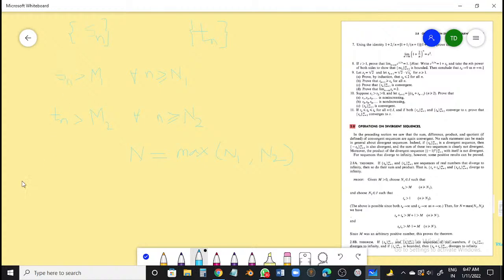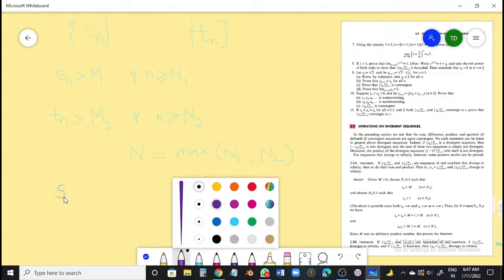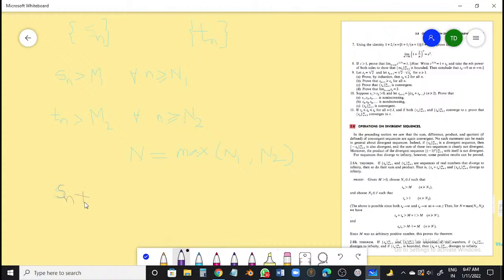So if you add Sn plus Tn, what will happen? This will certainly be greater than M1 plus M2. What we want is that the terms should be larger than a fixed number. We cannot control it, and this is true for all n's which are greater than or equal to the maximum of N1 and N2.